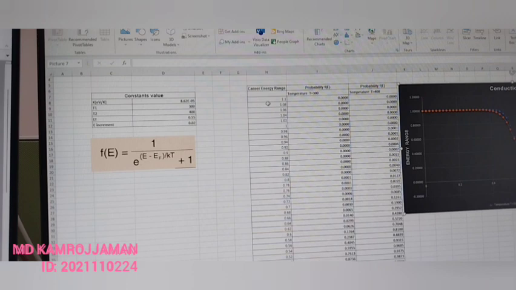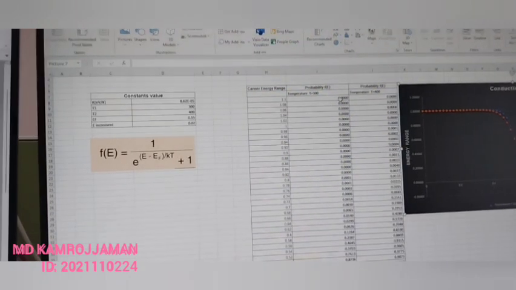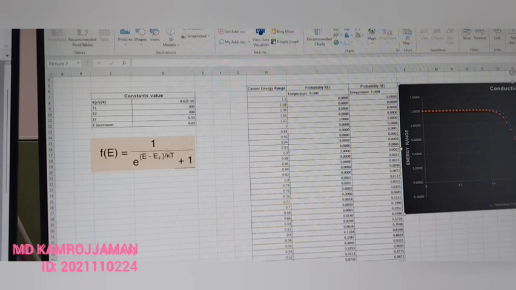So according to the question, there is 1.1 electron volt at temperature 300 K and 400 K. So I need to calculate the probability at temperature 300 K and 400 K. If I use this calculation, you can get the probability very easily.